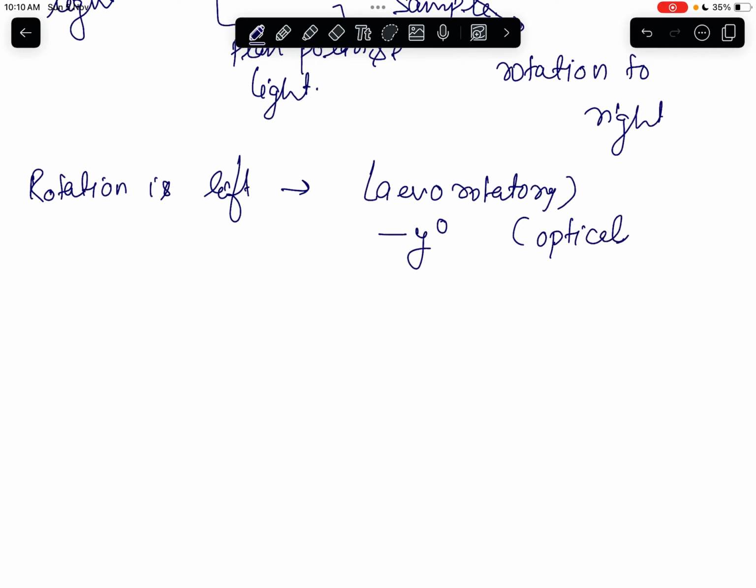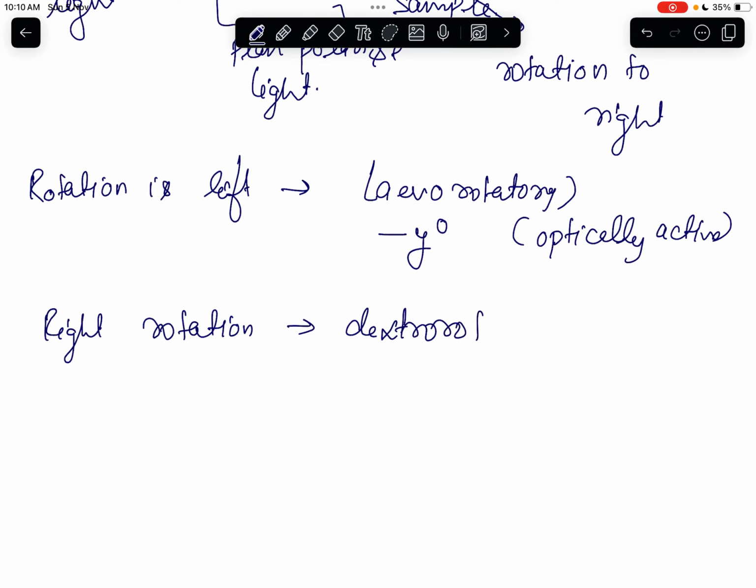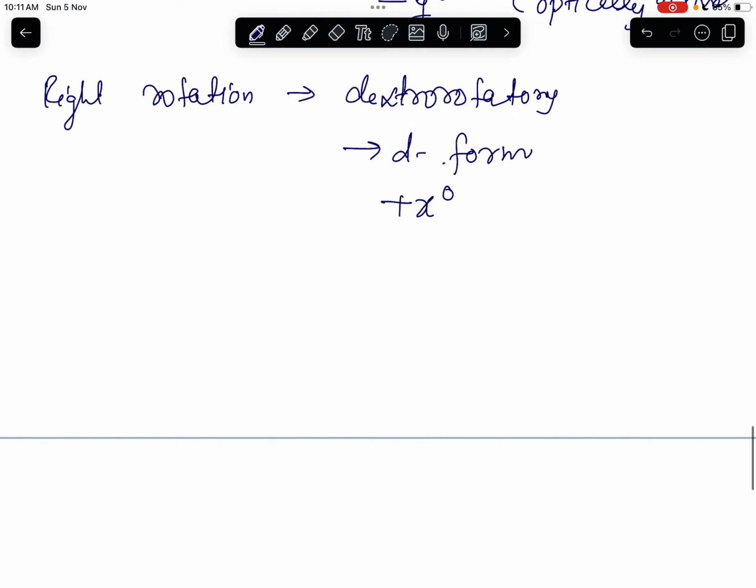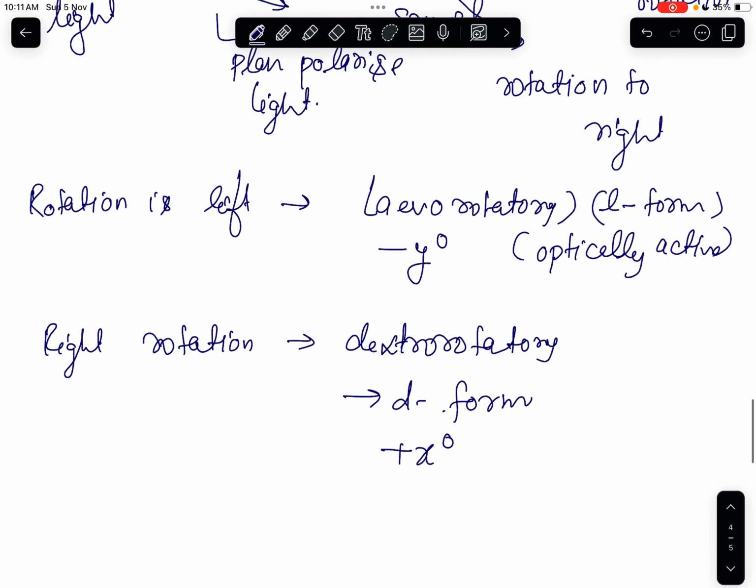In the case of right rotation, that is clockwise, we say dextro-rotatory, and this is the D form in short, and this is the L form in short, and we indicate it by the plus sign in front of the degree of rotation. This can be equal or not equal depending upon the different compounds. So both types of compounds that show rotation can be called optically active.